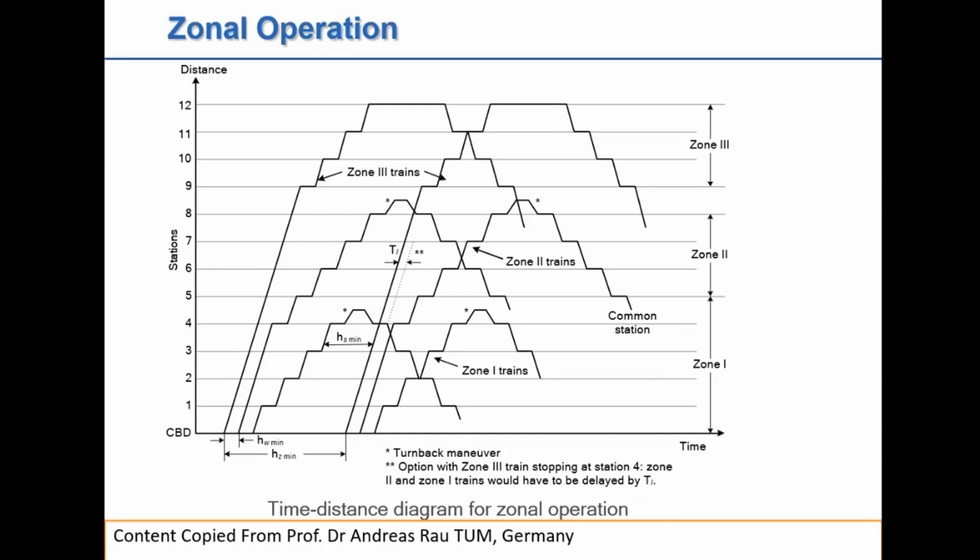We need to design our stations to hold more passenger volumes. So all 3 trains move on, but they are divided into different zones, and each zone is covered by different trains.